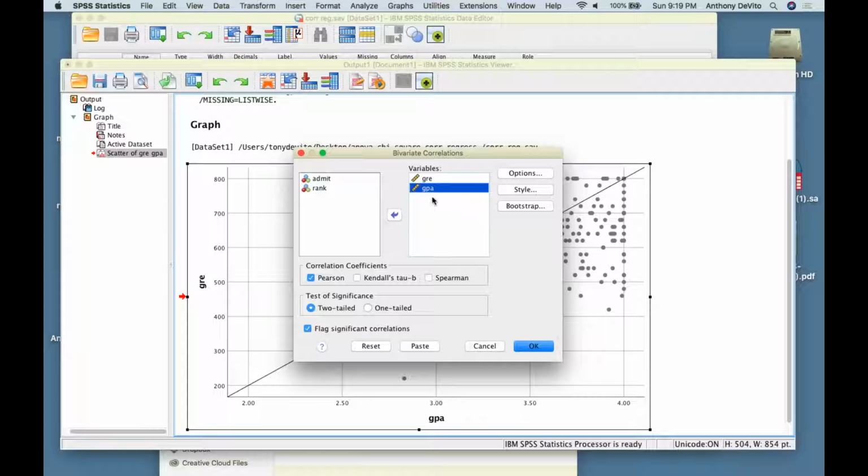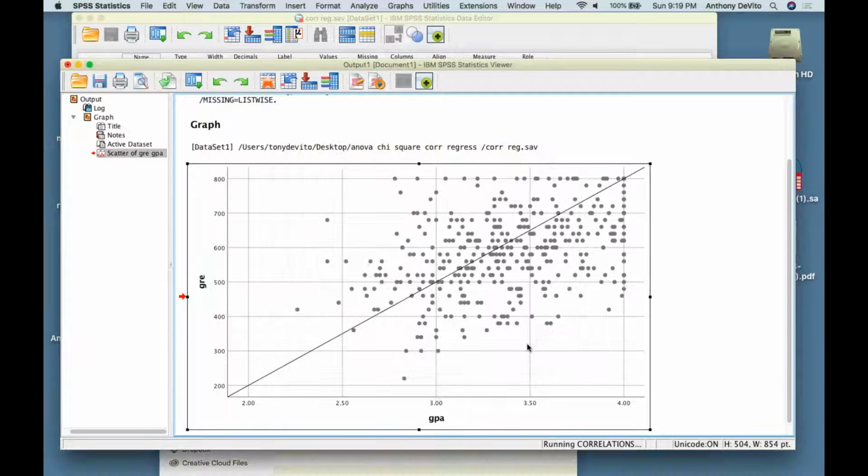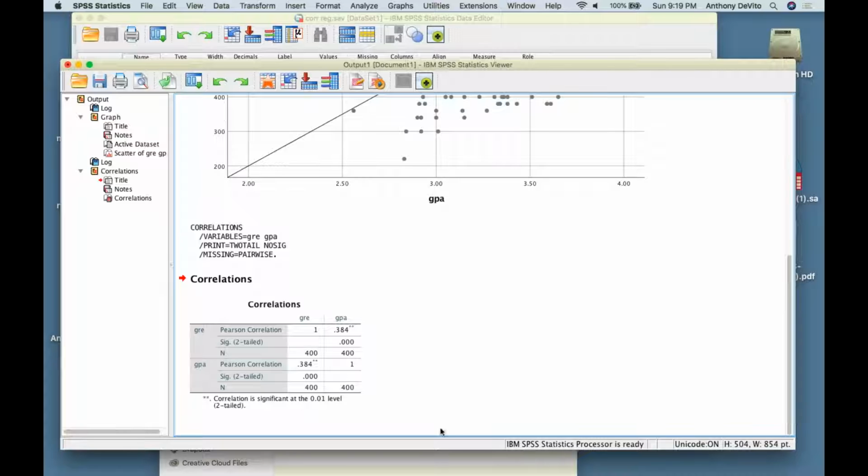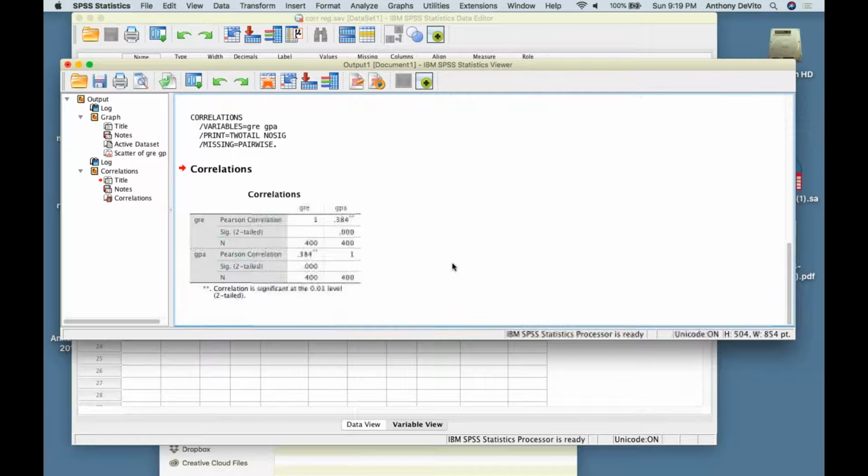I'm going to ask it to go ahead and do this Pearson's correlation coefficient. That's what we know as that R value. I'm going to say OK. Okay, and look, it goes ahead and calculates the Pearson's correlation coefficient for me. And notice that it says that this correlation is not zero.